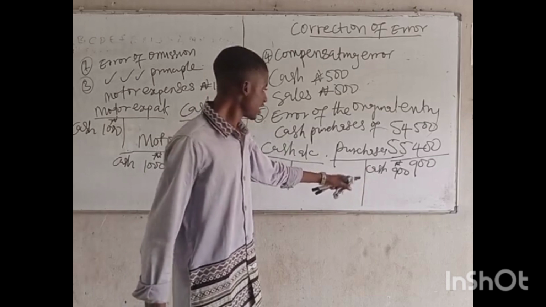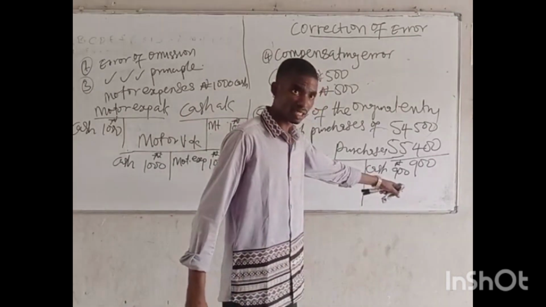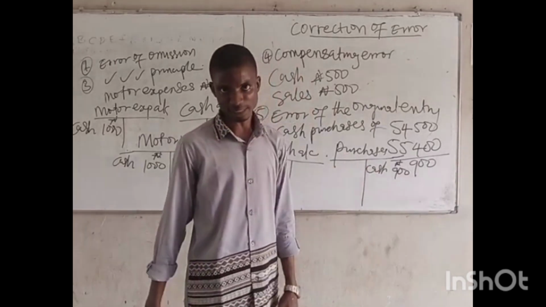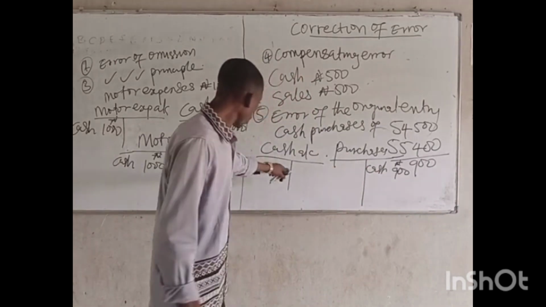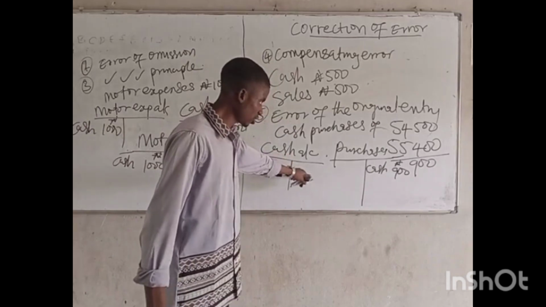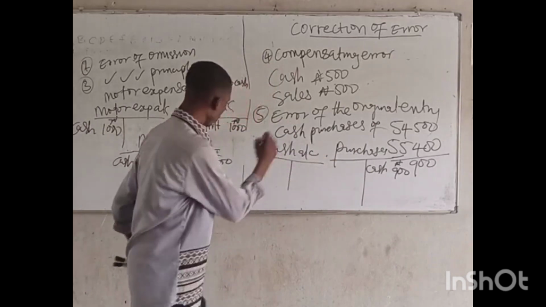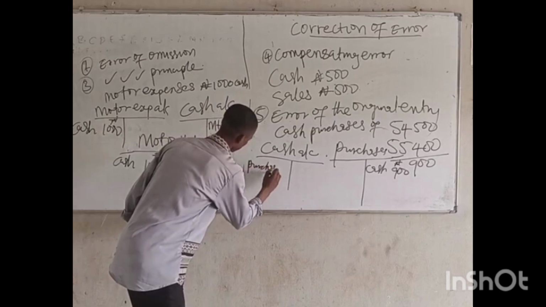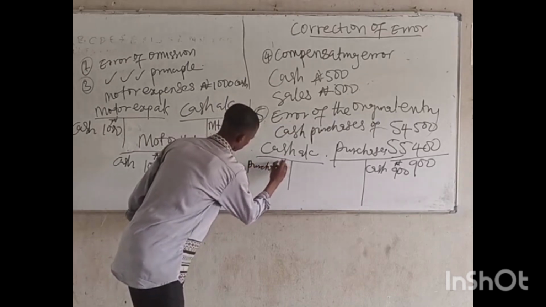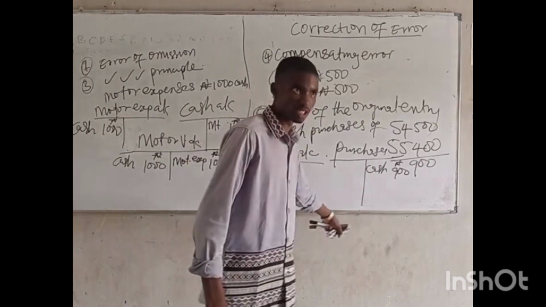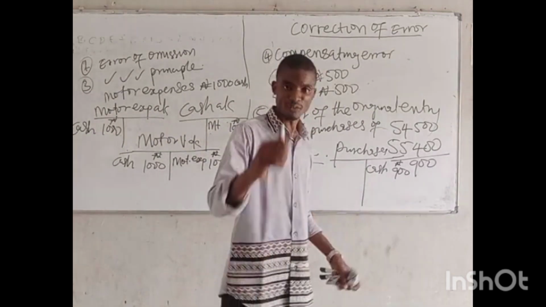You can see that instead of debiting it, we are crediting it to reduce it since it is an overstatement. But when we come over to the cash account, we are supposed to have a credit balance. We will debit it in the name of purchases. We are debiting it in order to reduce it because it is an overstatement.